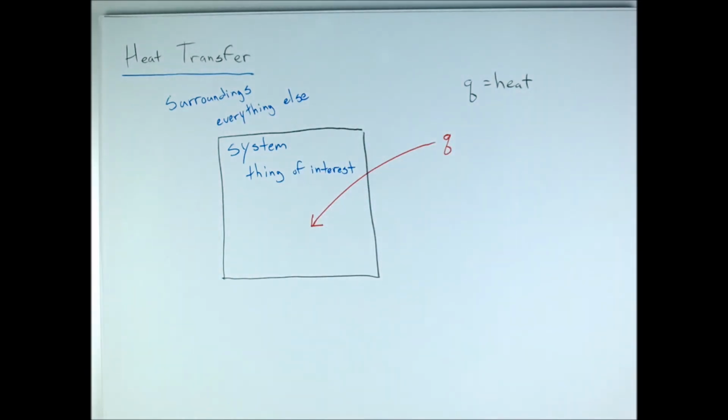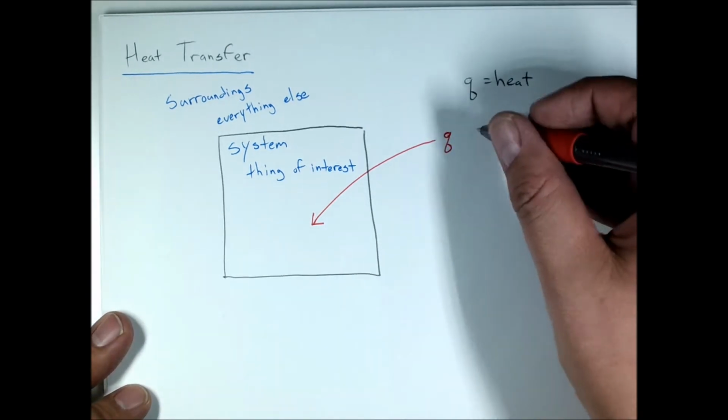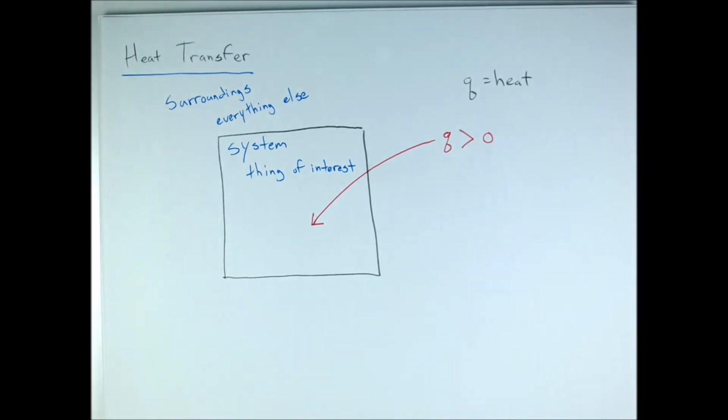If you were to define a numerical quantity for Q for the system, do you think it would be positive or negative if you're putting heat into it? It should be positive. Heat is going to be increasing. So we can say that Q is greater than 0. These types of processes are defined as being endothermic, literally meaning going into the system.